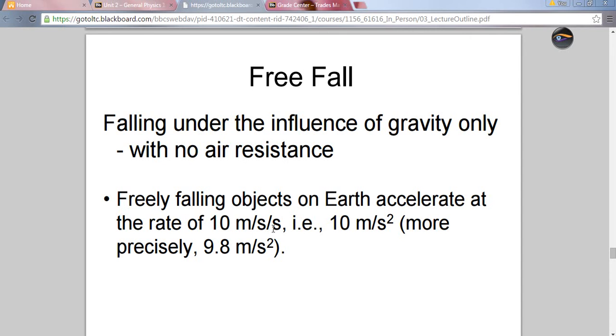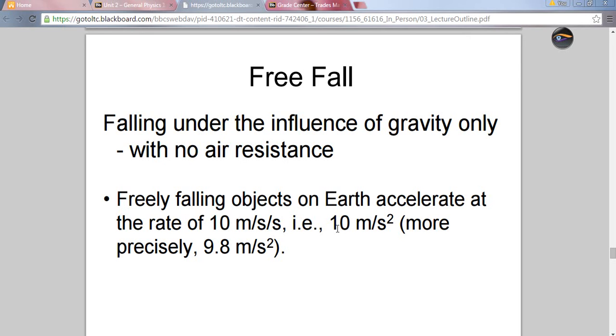So freely falling objects fall to the earth and accelerate at a rate of 10 meters per second every second. Or we shorten that and say 10 meters per second squared. Now, in this class, we will be using 10 meters per second squared for relating ourselves to gravity.